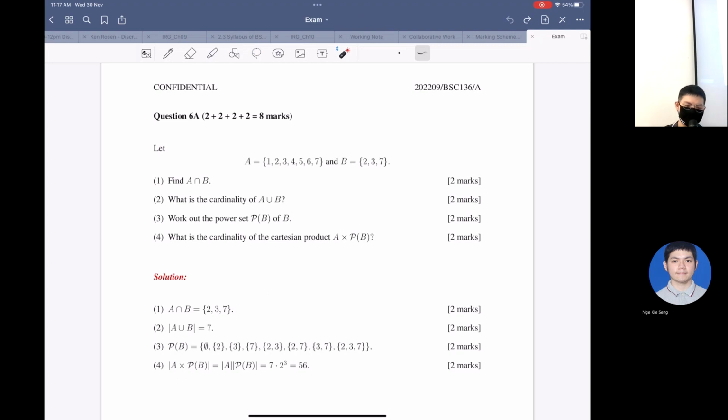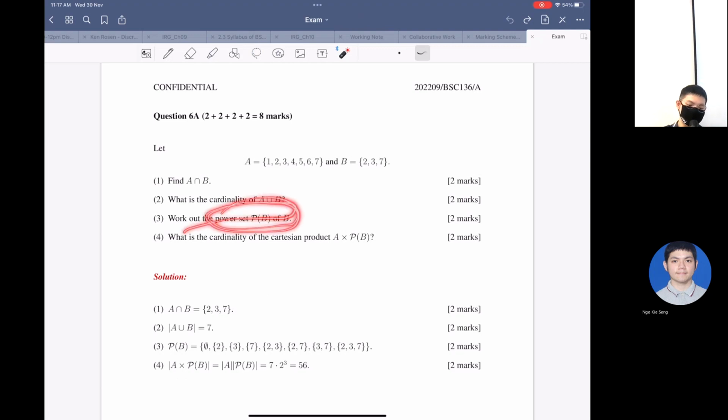It's about set theory. Just want to find the intersection and the cardinality. I still found that some students don't know what the cardinality of a set is. We already did it in the quiz as well. Okay, 3, work out the power set.